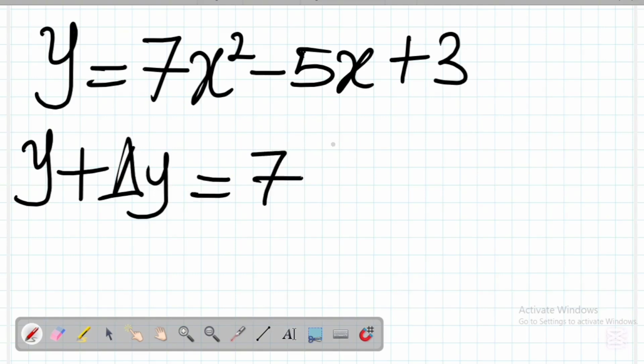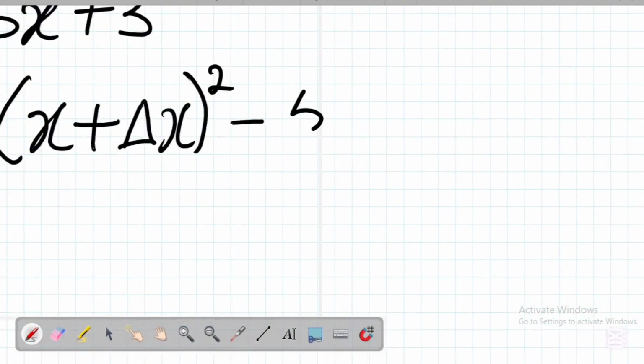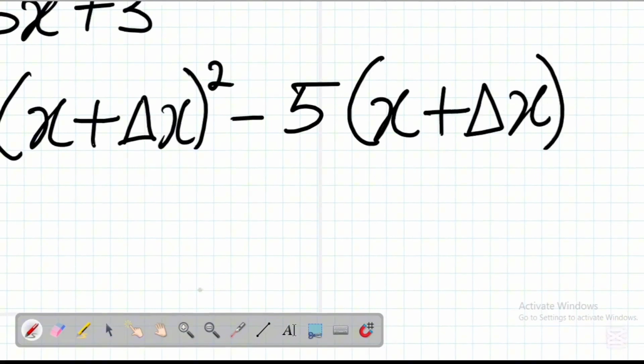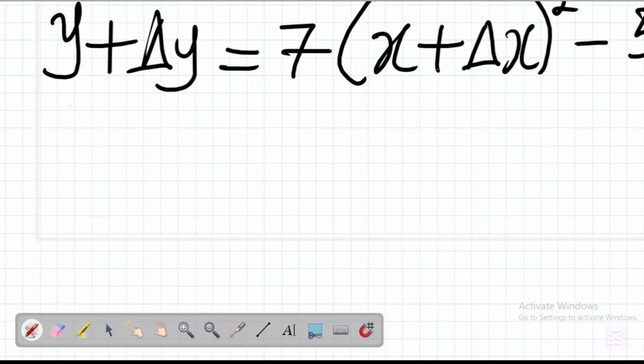7 open bracket x plus changing x all squared minus 5 open bracket x plus changing x and then plus 3. So our next task is to expand the brackets.